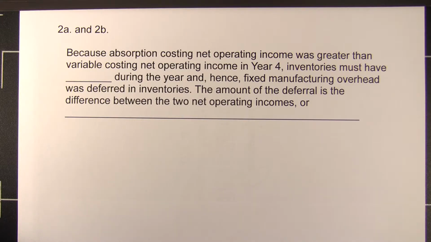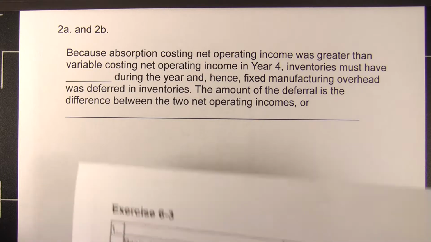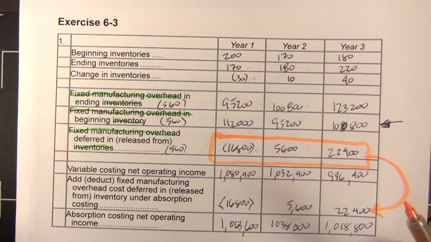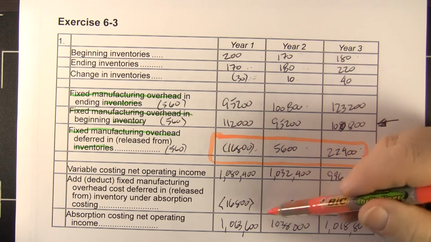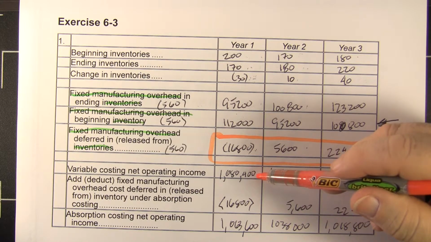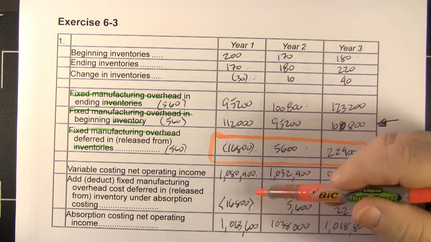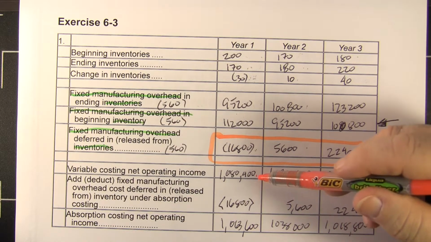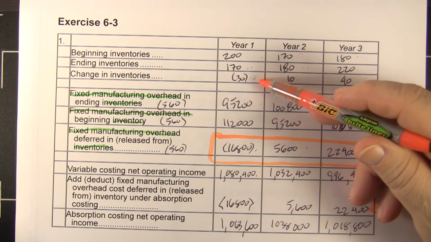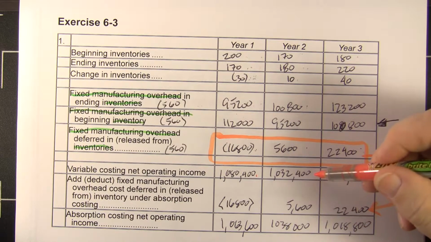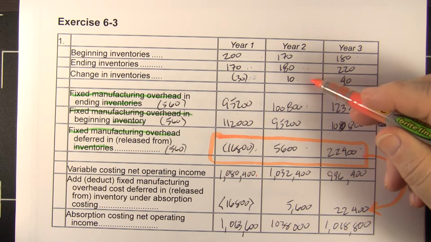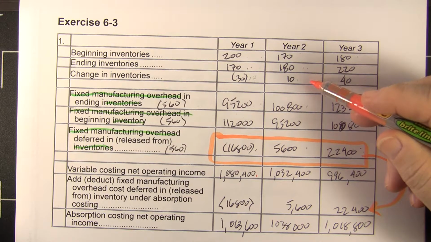So let's go back to our chart and see what scenario would do that. When our operating income is less under absorption than variable, that means our inventories went down. If our operating income under absorption is more, it means our inventory went up. So that's the clue we need.